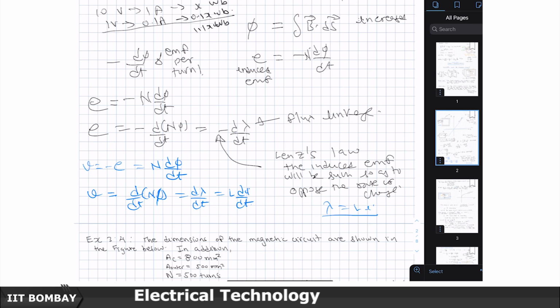So, this is the most common representation of the applied voltage as plus d psi by dt or L times dI by dt. This is the way you will find it in all circuit analysis textbooks, in all engineering textbooks.